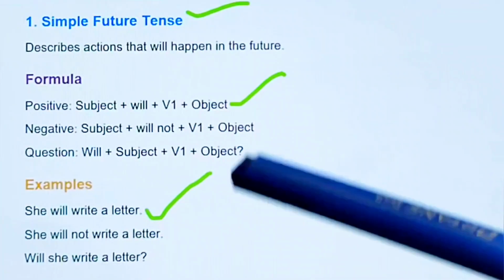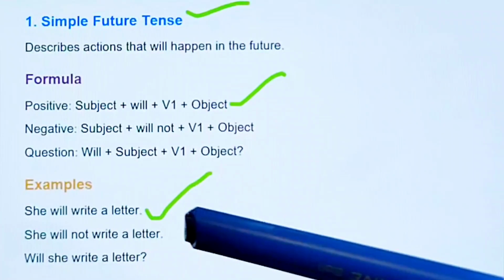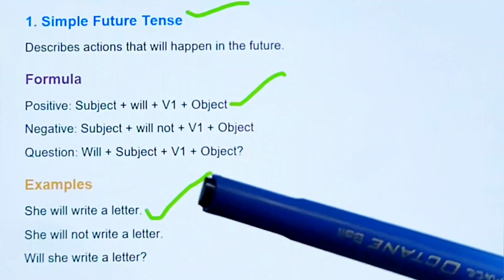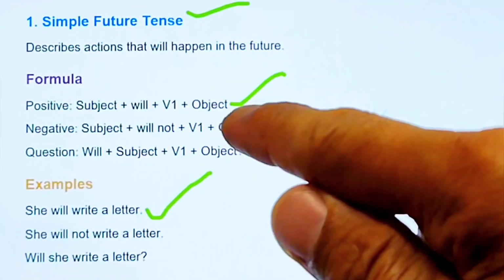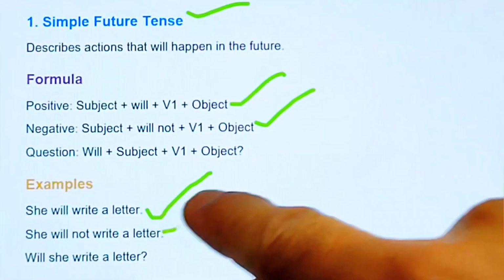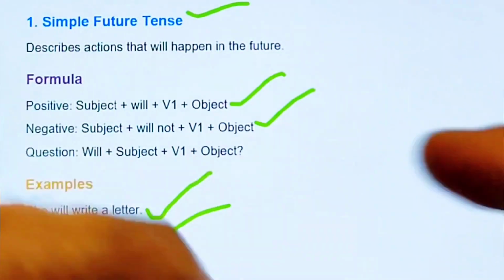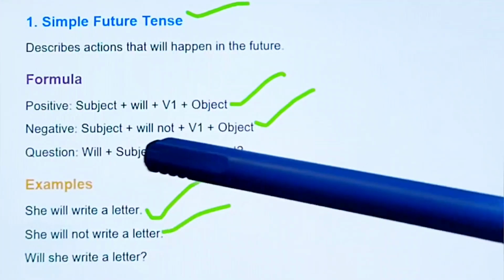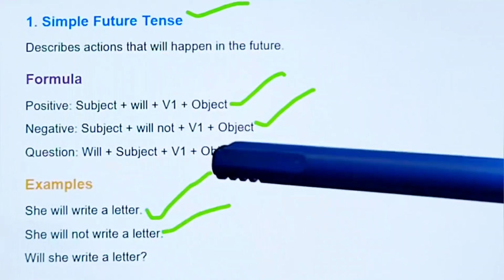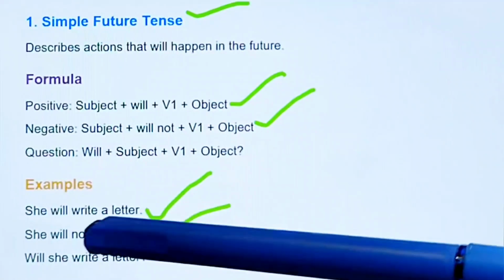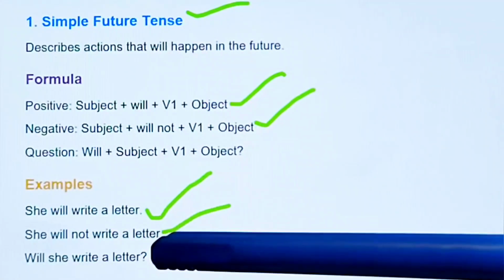If we have this same sentence in negative, then the formula is: subject plus will not plus first form plus object. An example: she will not write a letter.